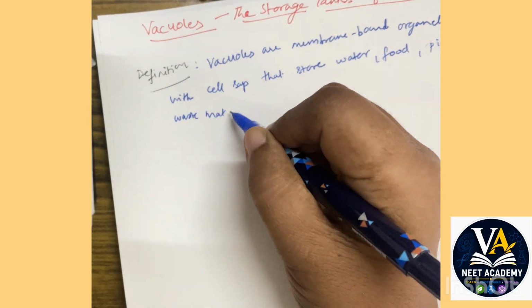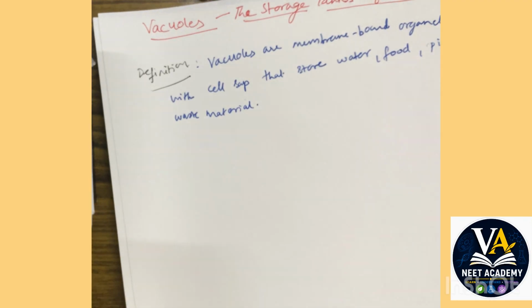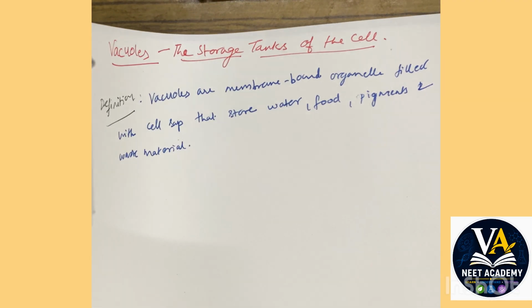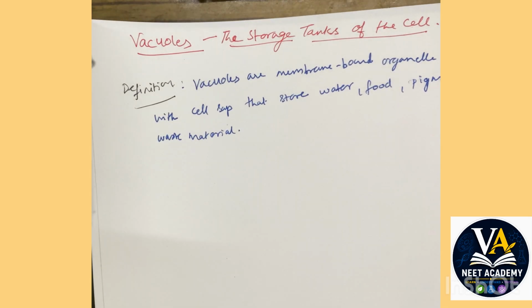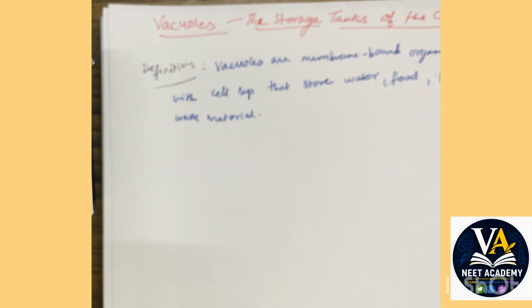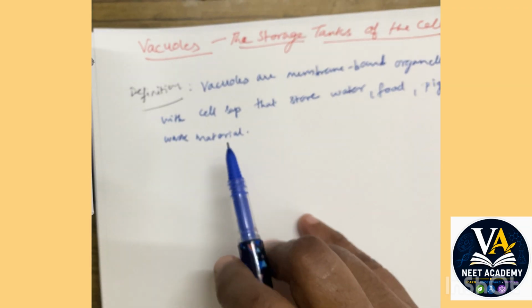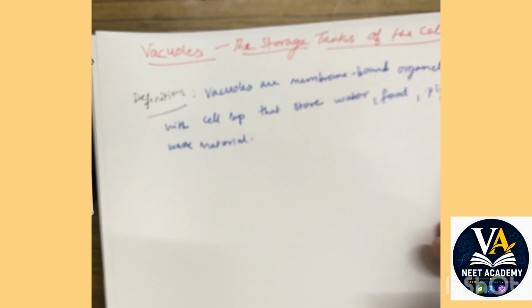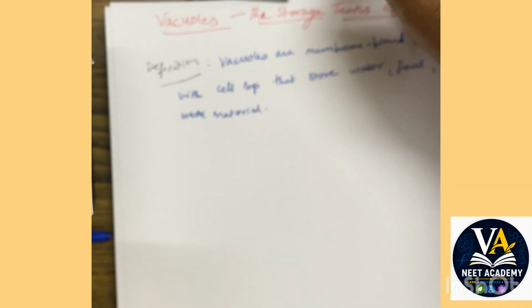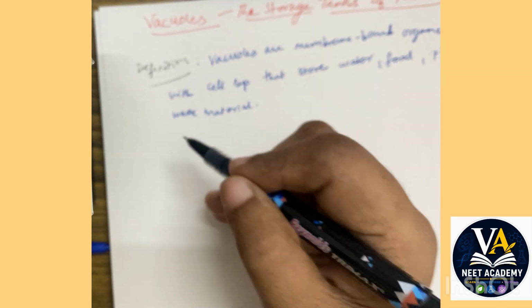So vacuoles do not only store food and water, they also store pigments and waste material. Vacuoles are the membrane bound organelles filled with cell sap. This cell sap is the one which contains the water, food, pigments and waste material. Clear students?